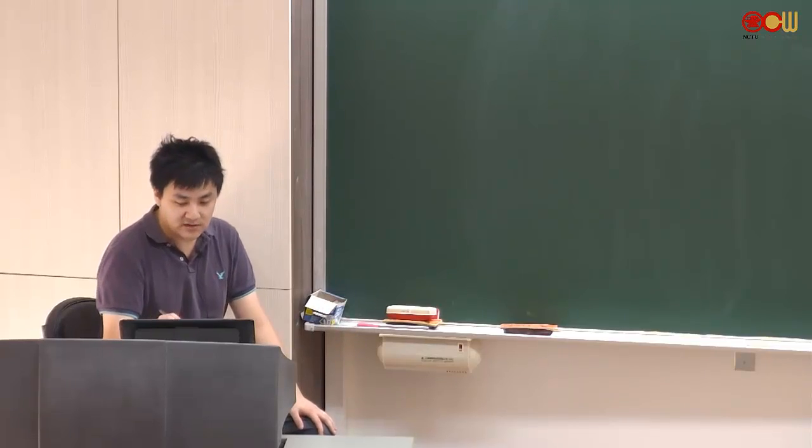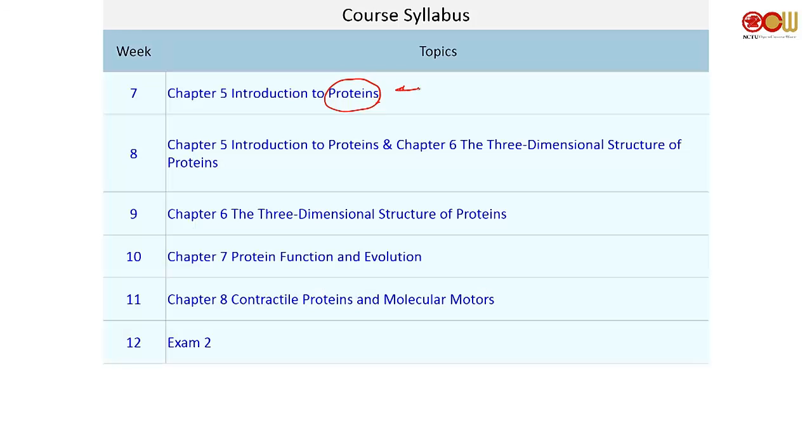So we're going to give a very general introduction to proteins, which also includes things like amino acids, amino acid structures, and characteristics, things like that. And then we're going to talk a little bit about the three-dimensional structure of proteins.